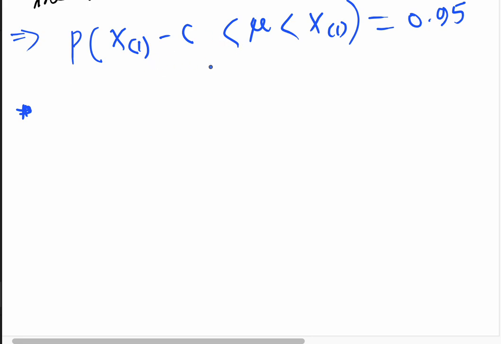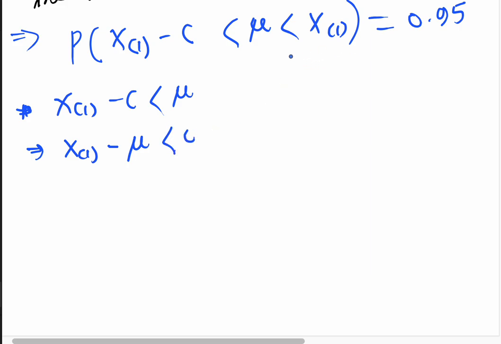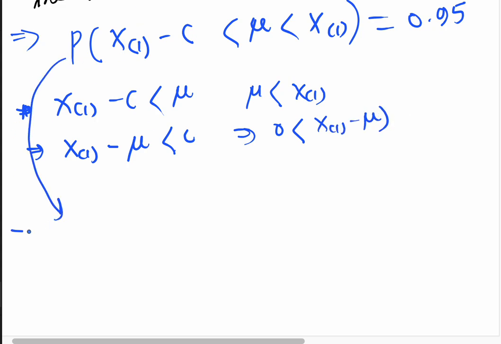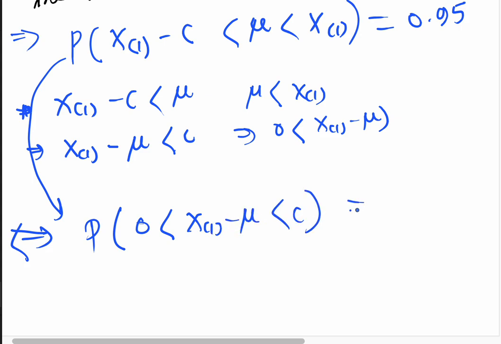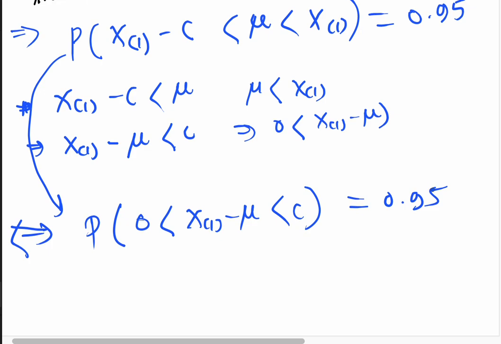From here you can write that x1 minus c less than mu, that means x1 minus mu should be less than c, and mu less than x1, so x1 minus mu is greater than 0. So you can write that the probability that 0 less than x1 minus mu less than c is 0.95.